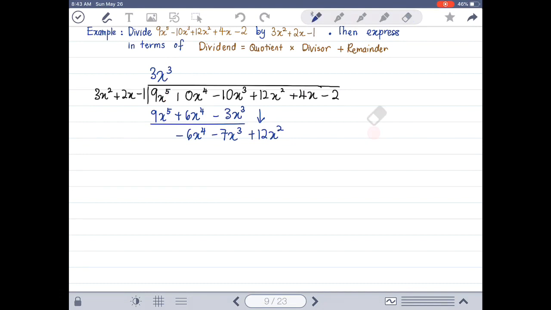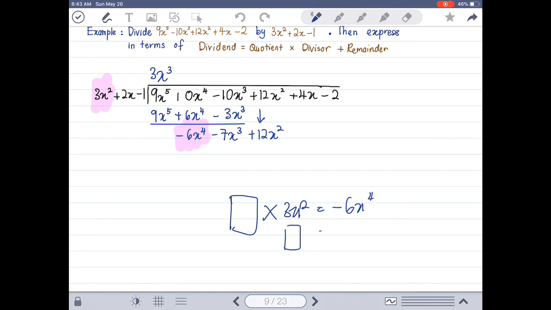Okay. And the same process goes. What times 3x squared should get negative 6x to the power of 4?